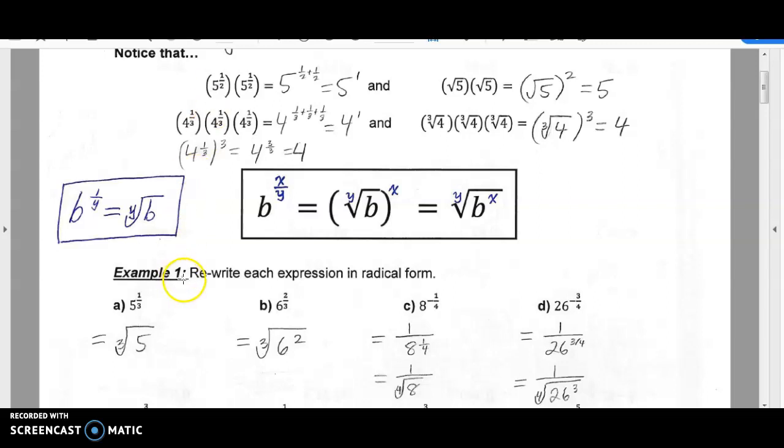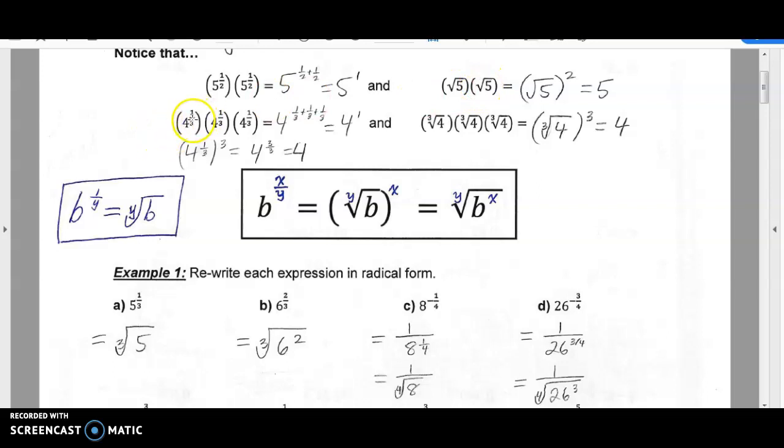Before I start with the examples, just looking up here, it's showing us how we could write a fractional exponent as a root if we wanted to. Here we see 5 to the power of 1/2 times 5 to the power of 1/2. That is the same thing as the square root of 5 times the square root of 5.